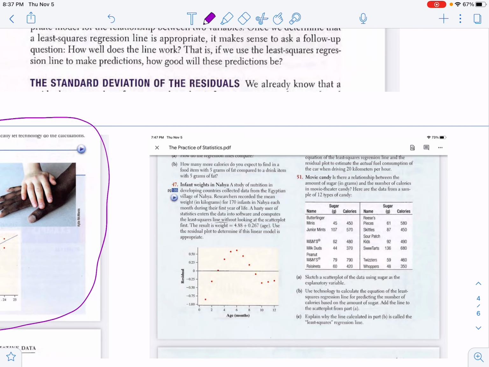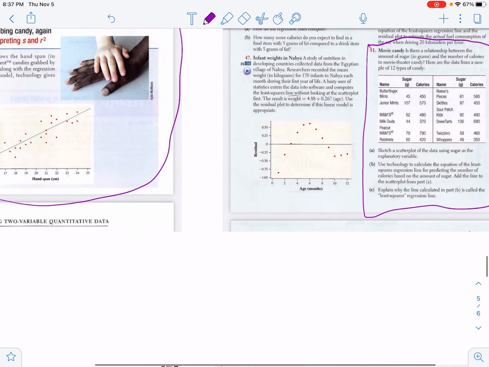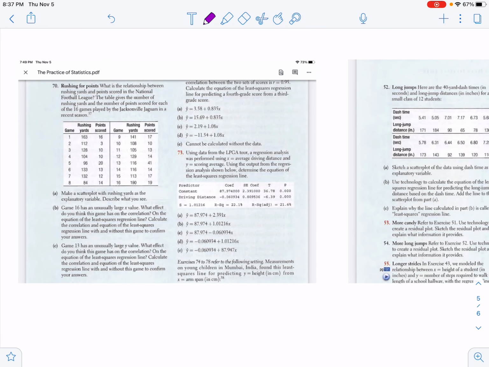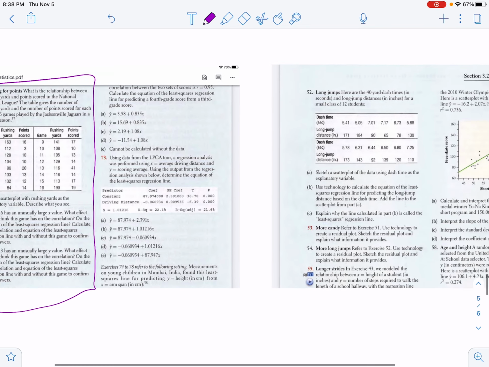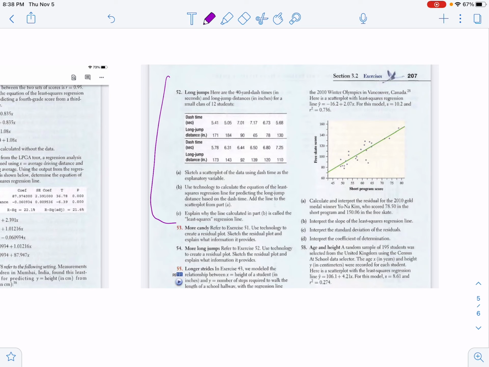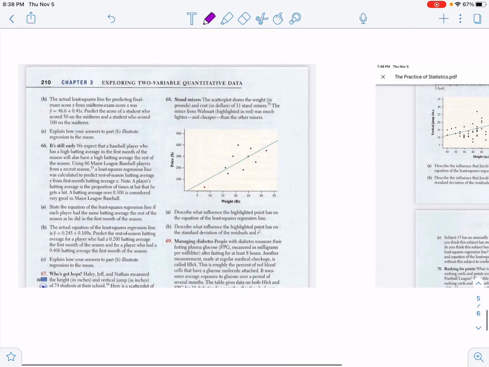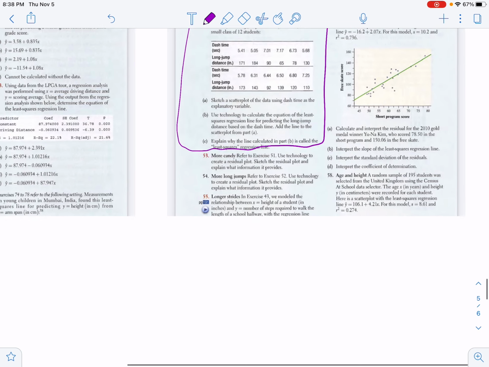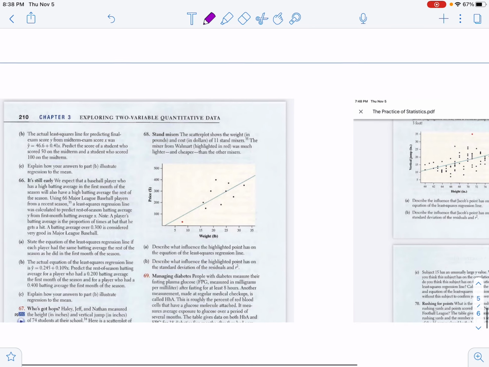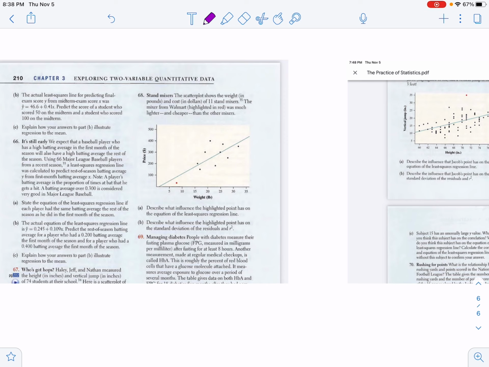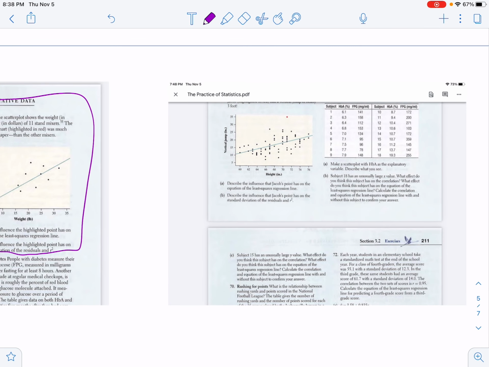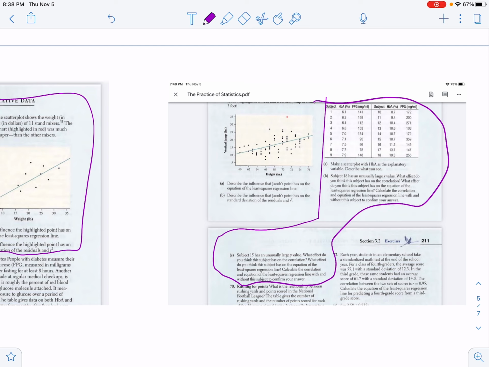I'd like you to do 51, 70, 52, oh sorry, yeah, 68, and this is all of this problem as well. Okay, so if you do those problems, we'll be good to go.